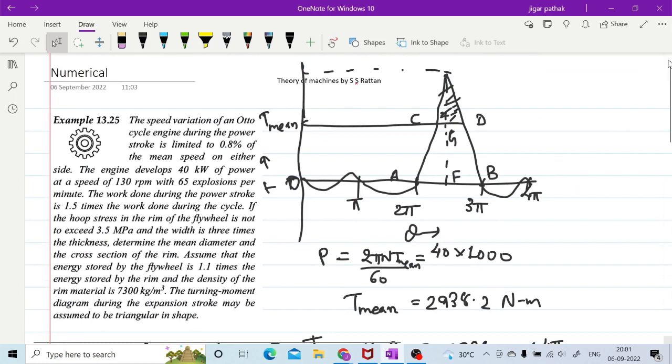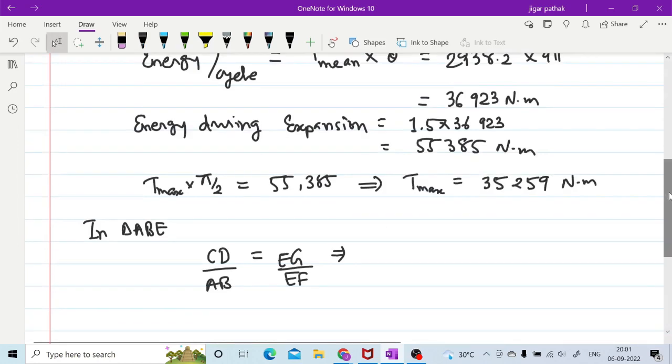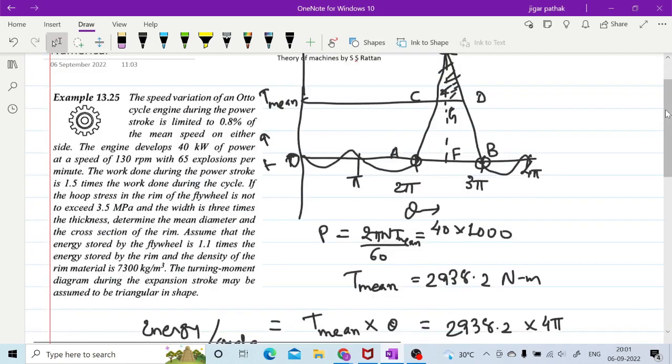This point is E, so this is your triangle ABE. In this similar triangle, CD upon AB is EG upon EF. That is what I have mentioned here.